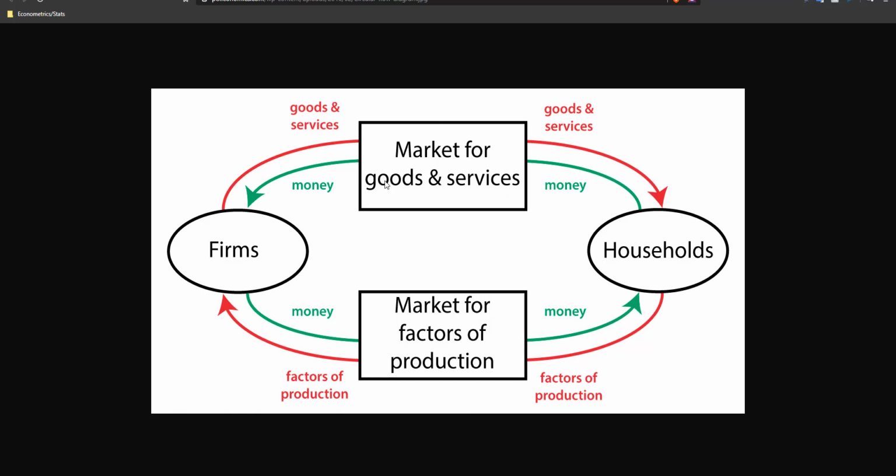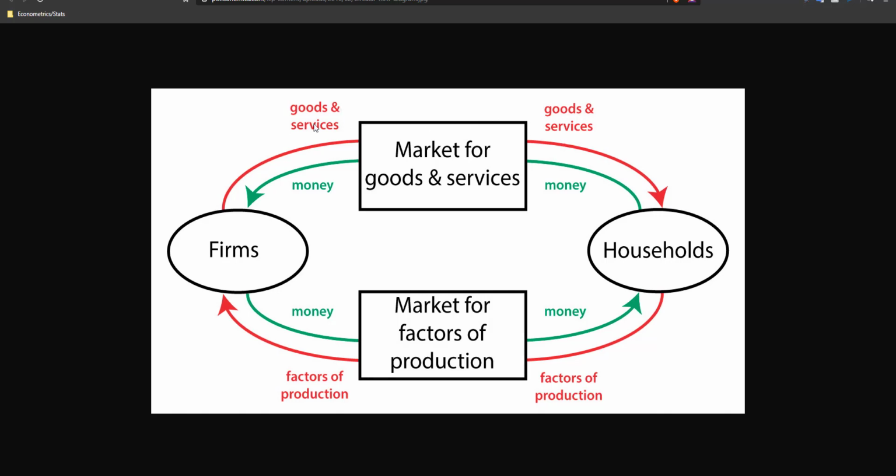So at the end of the day, what we understand from this chapter, that main conclusion that we were able to derive from this chapter was this. Everything that is produced by firms in monetary values, okay, so that's what I'm talking about, this red arrow on top here, that's aggregate production.